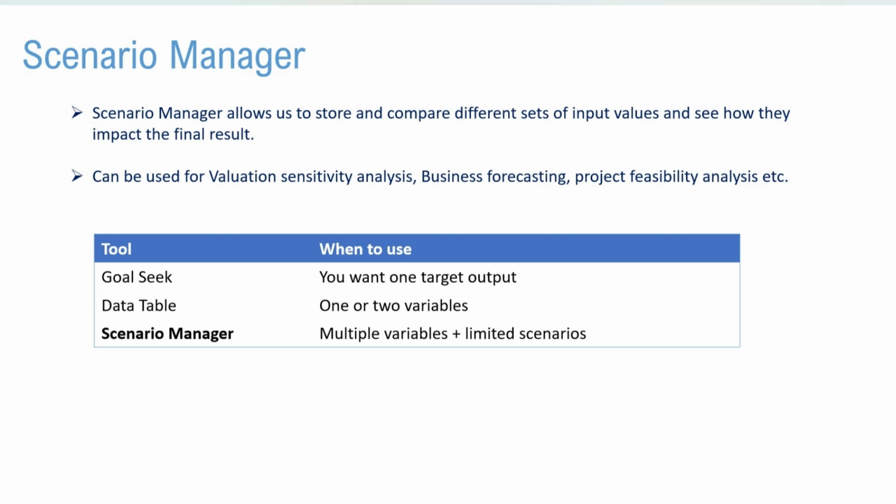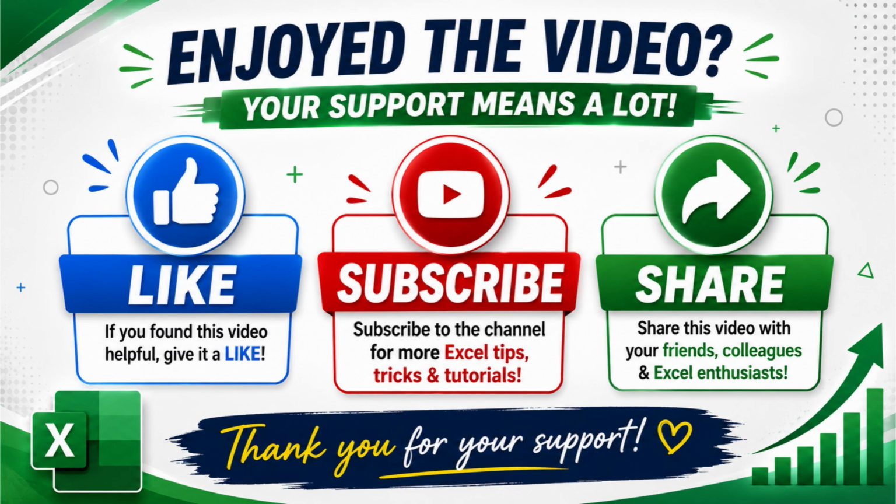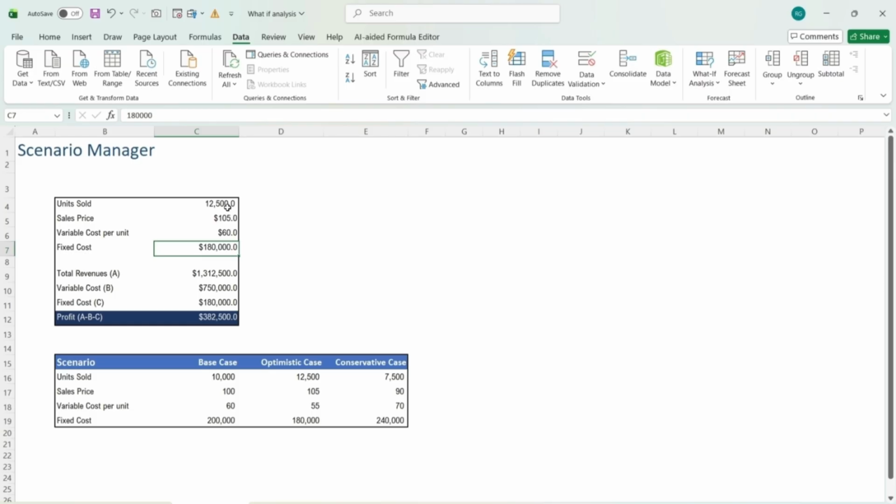Let us understand how we can use scenario manager with the help of a simple example. Here we have some data on units sold, sales price, variable cost per unit, fixed cost. The units sold multiplied by the sales price gives us the total revenue. So for the base case, the total units sold is 10,000 and selling price is 100.